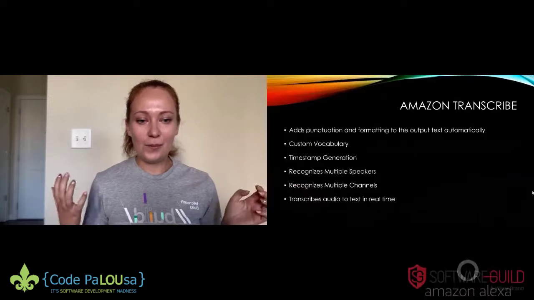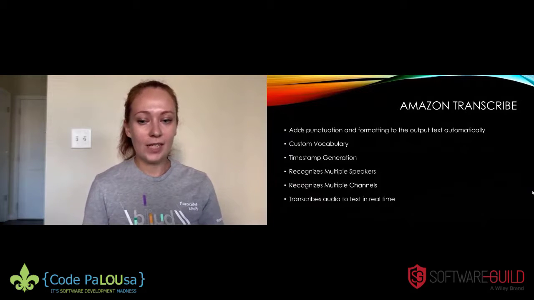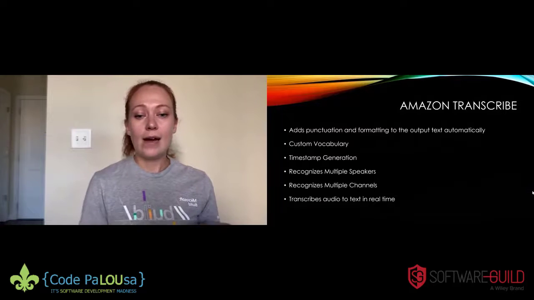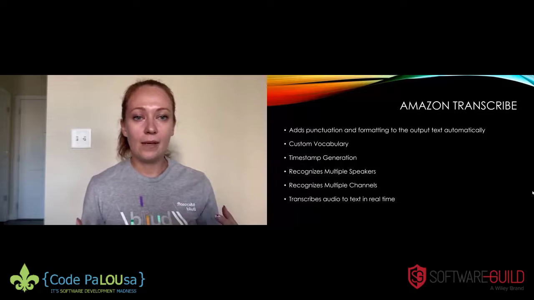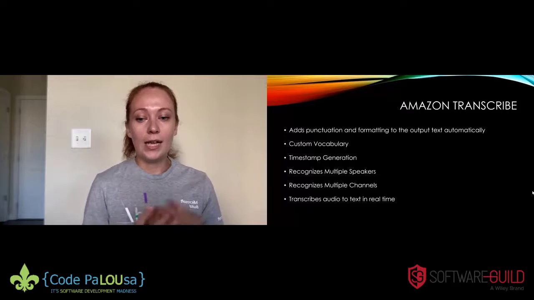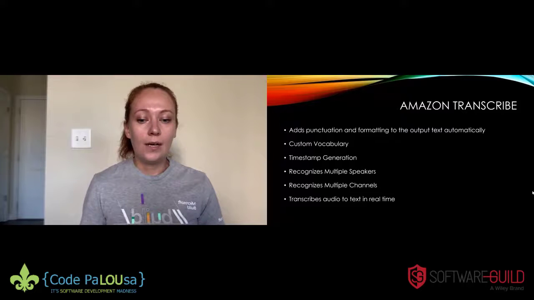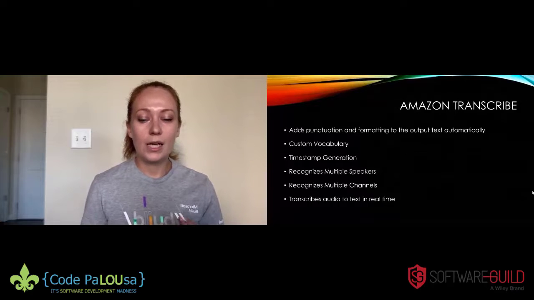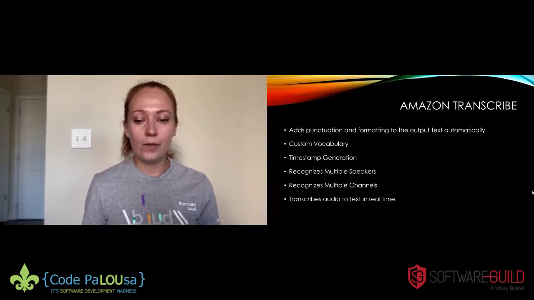Okay, so Amazon offers Amazon Transcribe, that is speech to text transcription. It adds punctuation and formatting, same as Google and Microsoft. It has an option to add custom vocabulary. It recognizes multiple speakers. Before, maybe like last year, Microsoft didn't support that, but now they do.